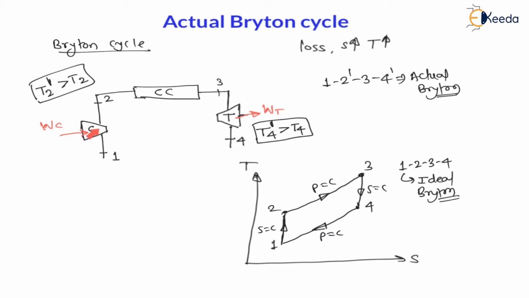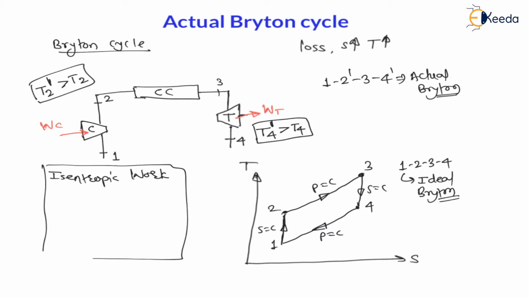Now see, for reversible adiabatic compression, that is isentropic compression, we are going to calculate the isentropic work of the compressor. The isentropic means reversible adiabatic process.